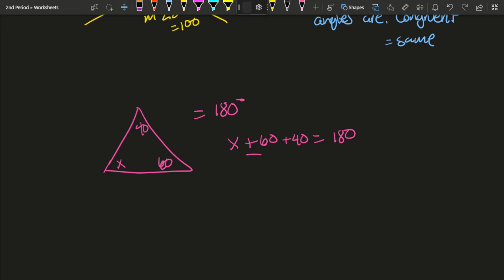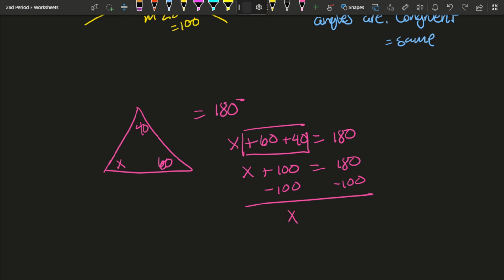Then I can combine my like terms, so x plus 100 equals 180. Now I can do friends and family. Subtract 100, subtract 100. So x equals 80 degrees. So this value right here is 80 degrees. And if I add 80 plus 40 plus 60, I should get 180 degrees as well.